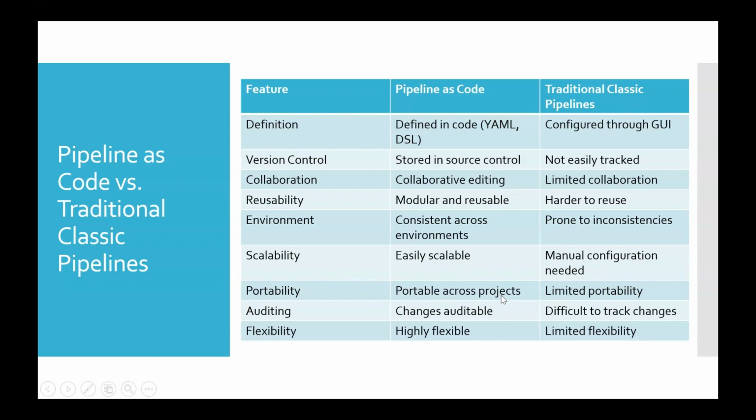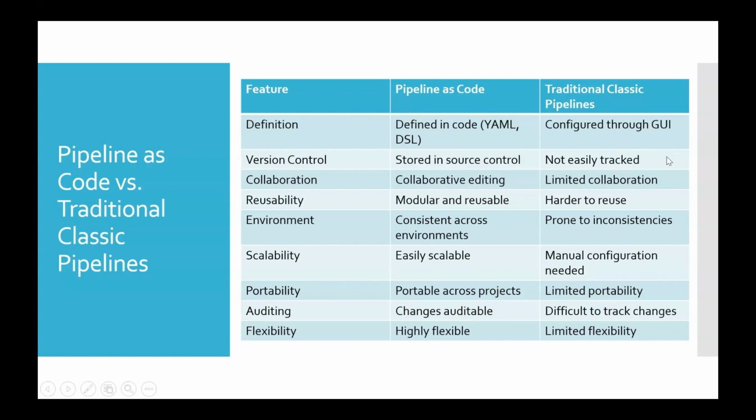Pipeline as code is portable across projects, but traditional classic pipelines you cannot port to different projects. With pipeline as code, you can even use the pipelines which you have in a different project somewhere else. For auditing, pipeline as code changes are auditable because you will have to create a pull request, and a reviewer will review the pull request and approve it.